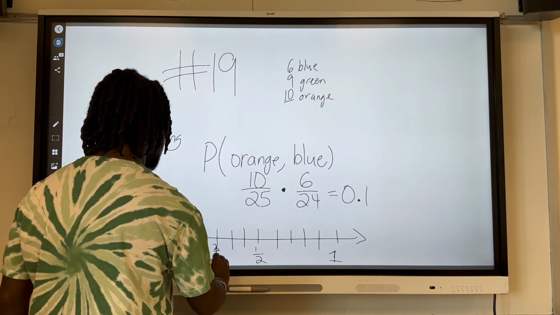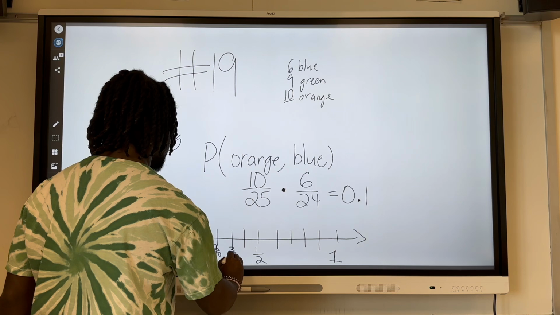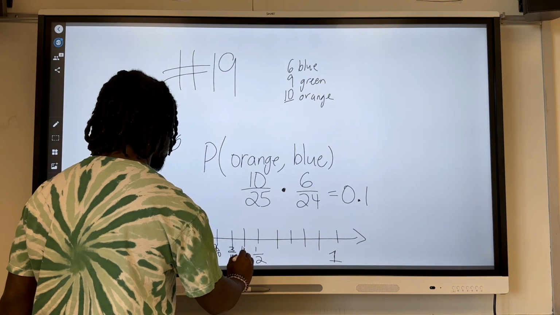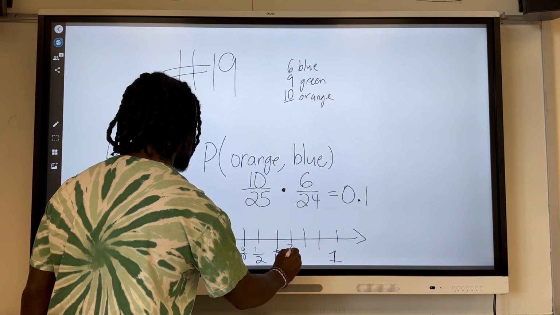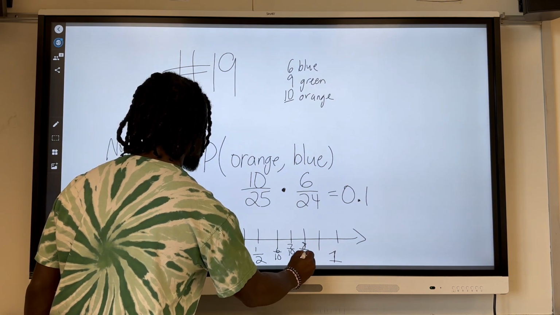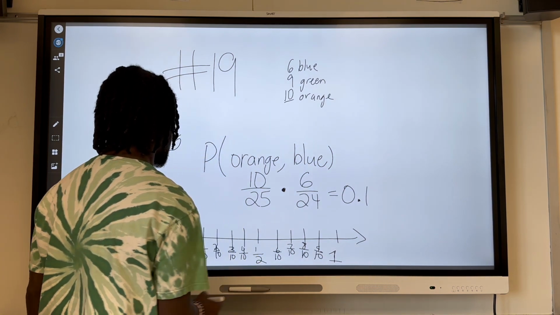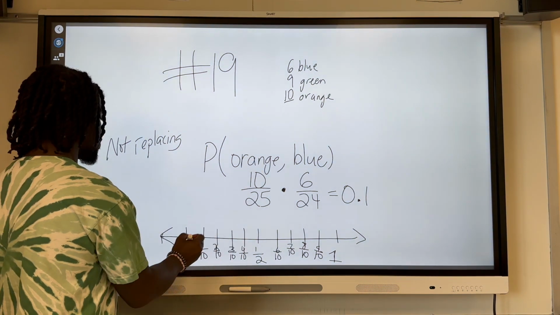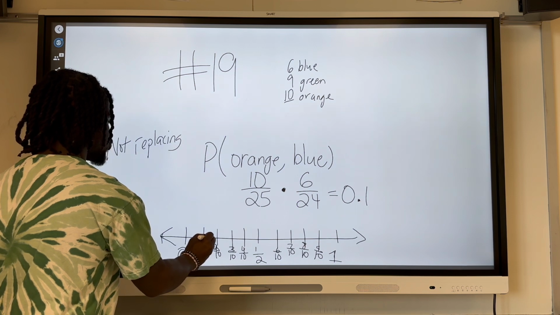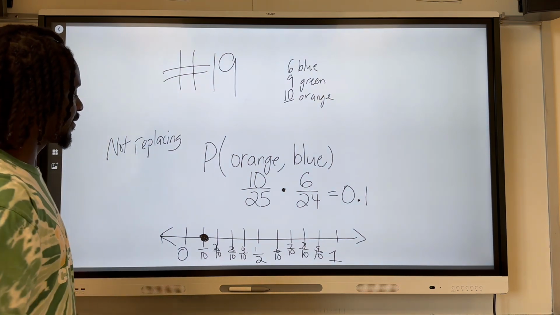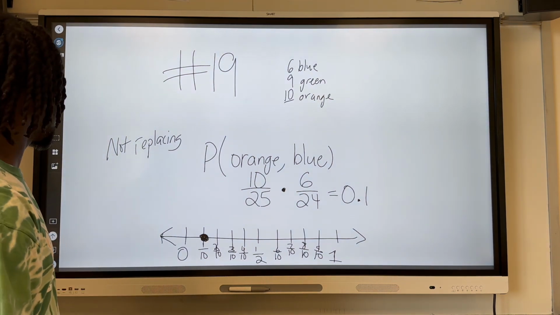So that would be 2/10, 3/10, 4/10, a half is 5/10, and 6/10, 7/10, 8/10, and then 9/10. And so the 1/10 mark would be right here. So I would need to put my dot right there. So that is the answer for 19.